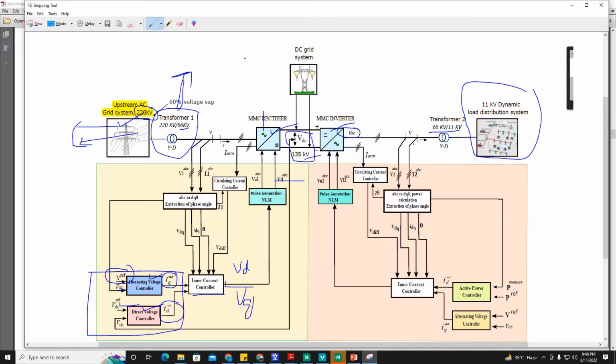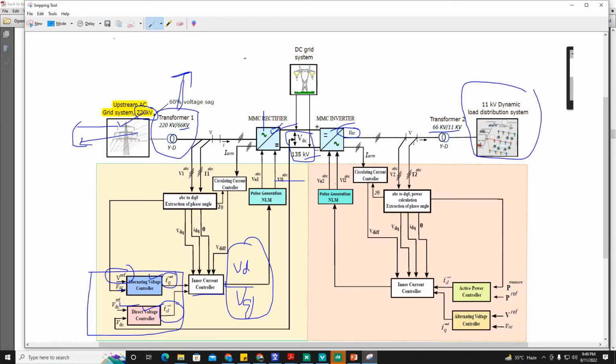These are the output quantities from this inner current control: the D component of the voltage and the Q component of the voltage. They are converted from DQ to ABC transformation, and then they are fed to nearest level modulation or any other modulation, which generates the gate signals to the switches over here. These switches can be IGBTs or MOSFETs.